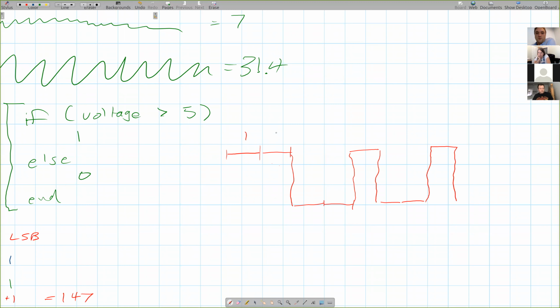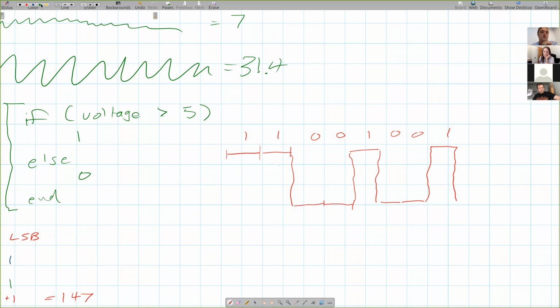So that's 1, 1, 0, 0, 1, 0, 0, 1. Over a period of time, we go bzz, bzz, bzz, bzz, and it's able to read whatever the decimal representation of that is.